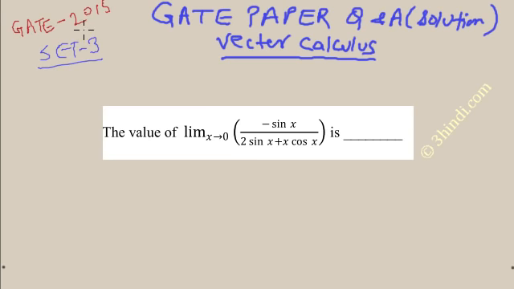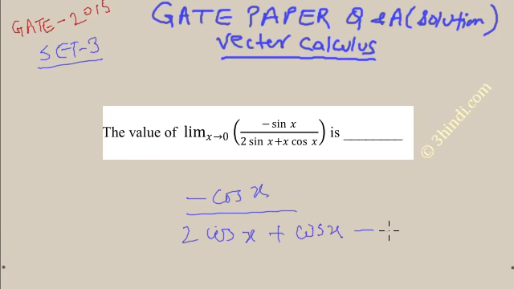This is the question from GATE 2015 set 3. To find out the value of the limit here, you need to differentiate by L'Hospital's rule. So the differentiation of minus sin x is minus cos x, divided by the differentiation of 2 sin x plus x cos x. You can write 2 cos x plus cos x minus x sin x.